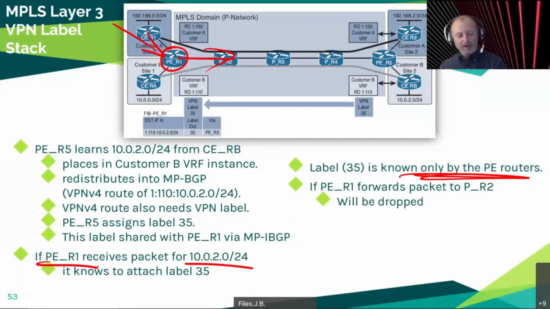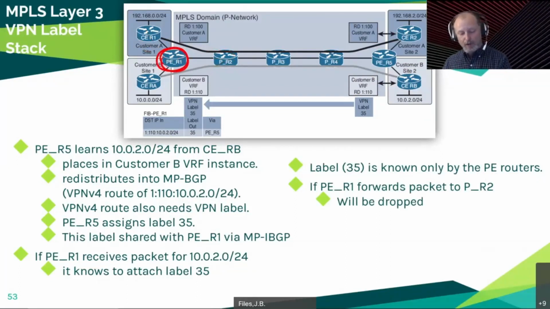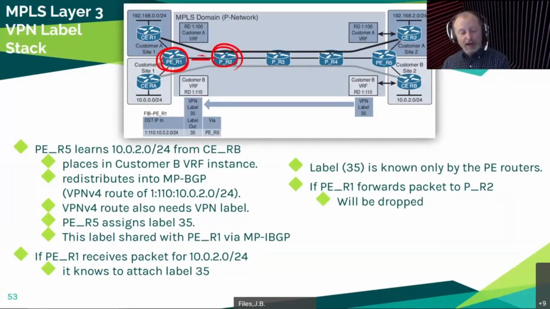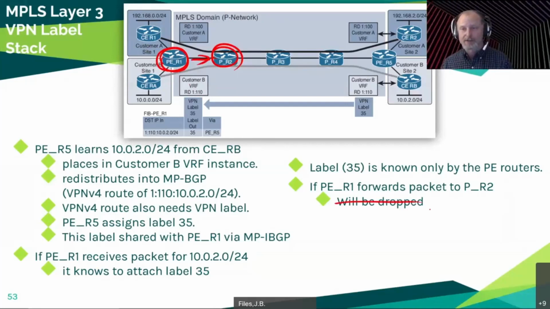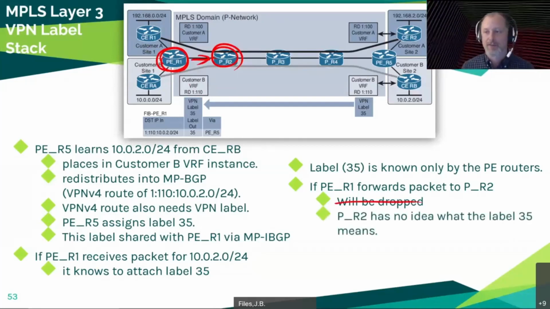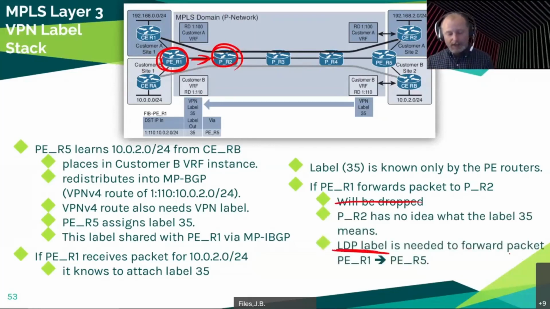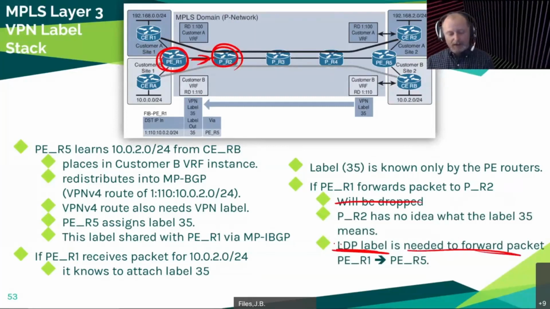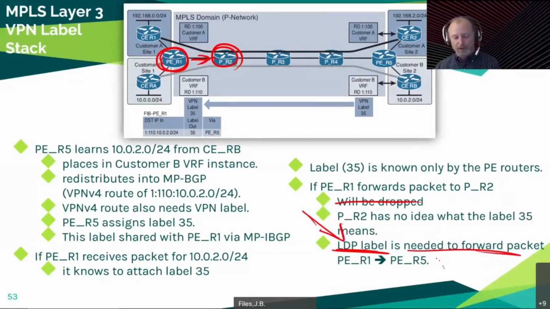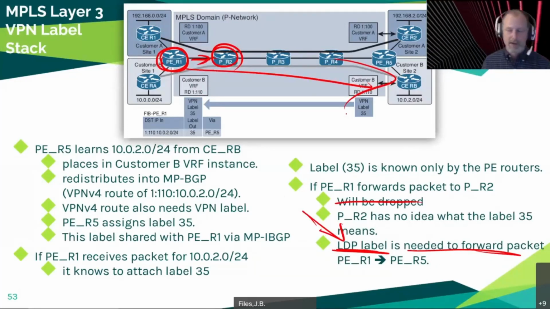So if provider edge router 1 forwards a packet to provider edge router 2 directly, it's going to get dropped, because provider edge router 2 has no idea what 35 means. So the label distribution protocol label is needed to forward the packet all the way over.